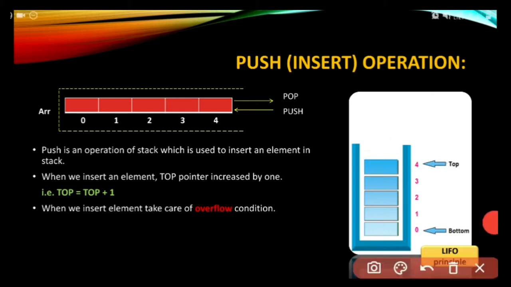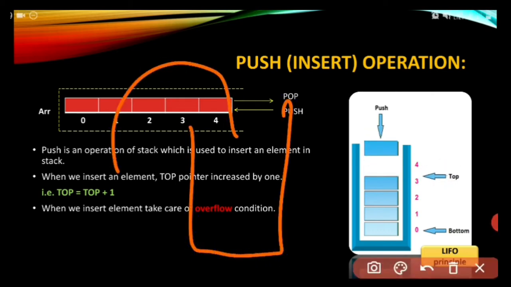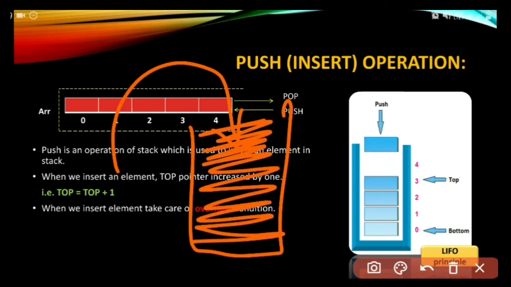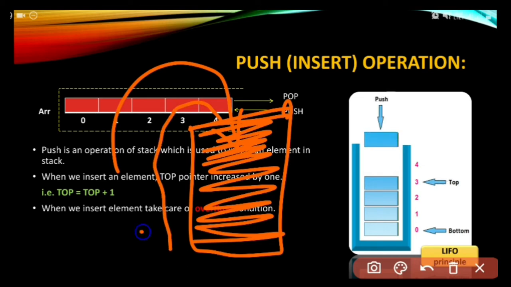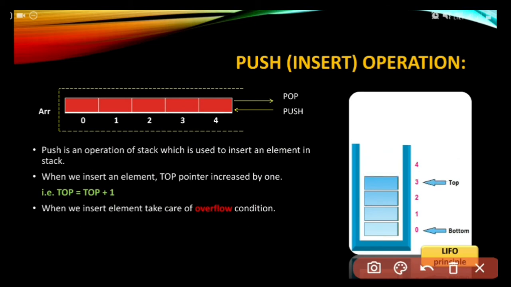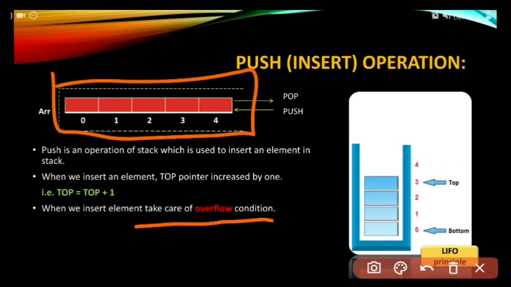It means if you have a glass and you are filling water inside it, it's okay. But when the water reaches the top layer and starts falling down, that is an overflow condition: the glass doesn't have the capacity to hold more water. In the same way, you have to keep in mind whether the array is able to keep an element inside it or not.